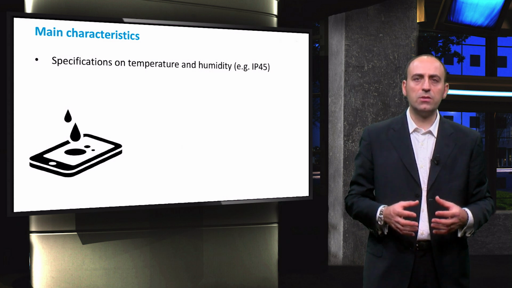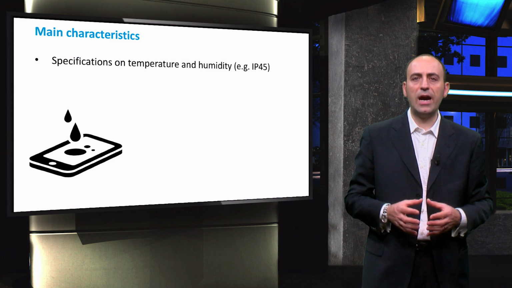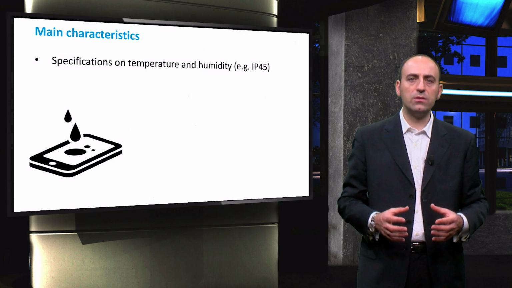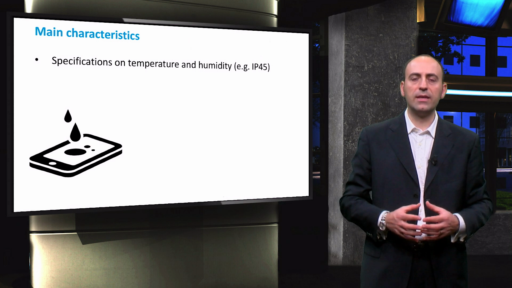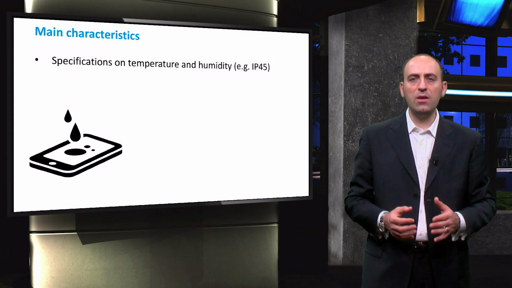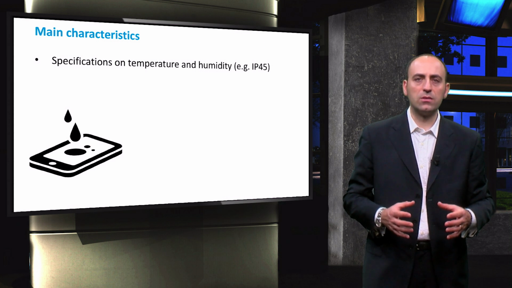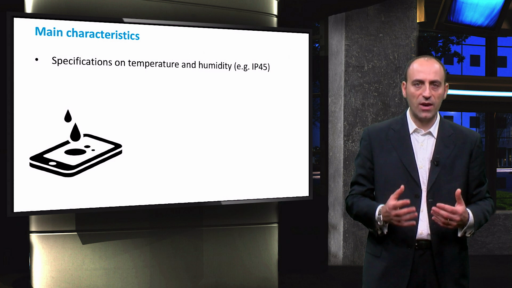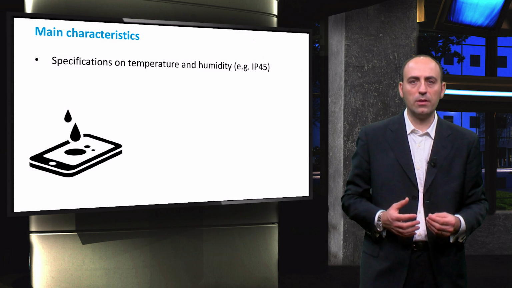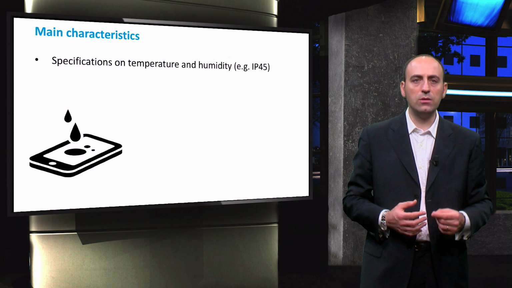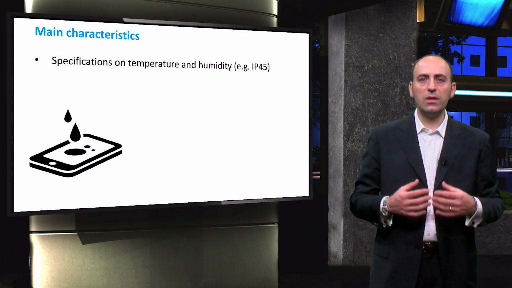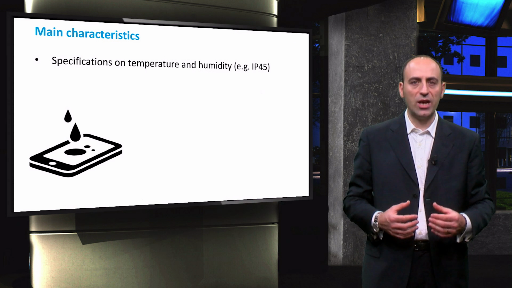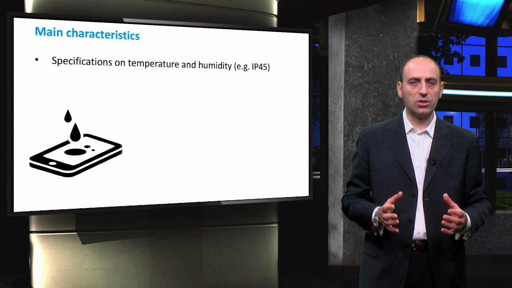The enclosure is usually classified according to the IP standard, which rates the degree of protection provided against intrusion. IP45 means that dust does not enter in sufficient quantity to interfere with the satisfactory operation of the equipment. In particular, the second digit, 5, indicates the level of protection against water jets coming from any direction.